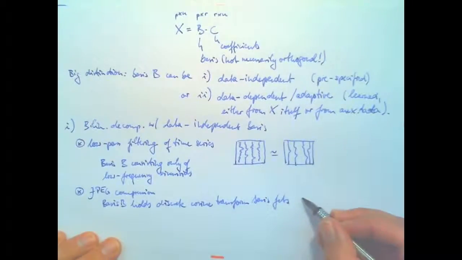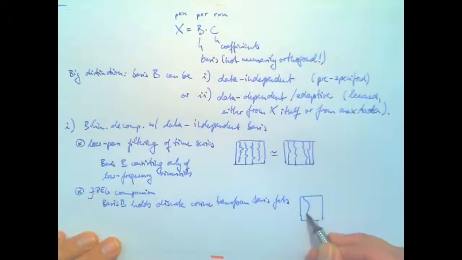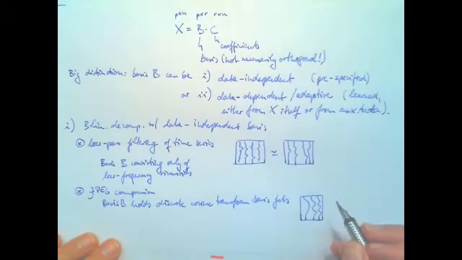So if I'm trying to draw the matrix B here, the first column would be a cosine of frequency 1, and then we would have a cosine of frequency 2, and you get the idea. For this to work, the original signal needs to be mirrored first, but it's a technical detail which I'm ignoring now.